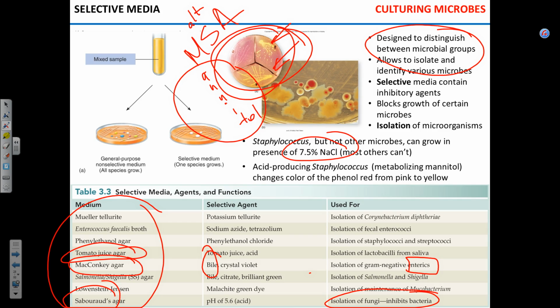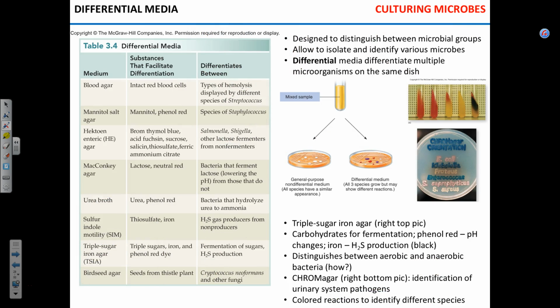Does that make sense? Did I make myself clear about that? That's what I want you to focus on, the concept, rather than brutal memorization of names and components. I will expand on it after we discuss what the differential media is.